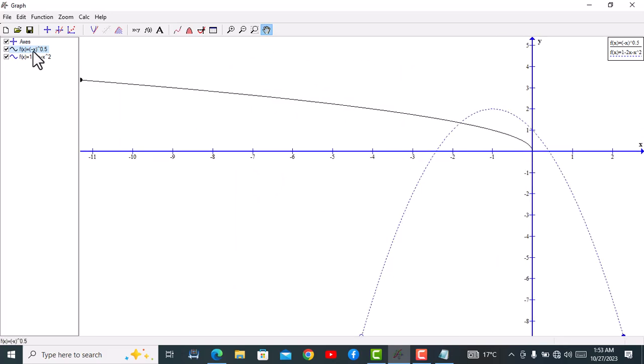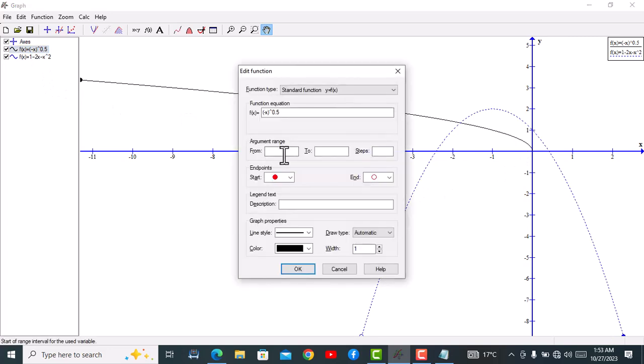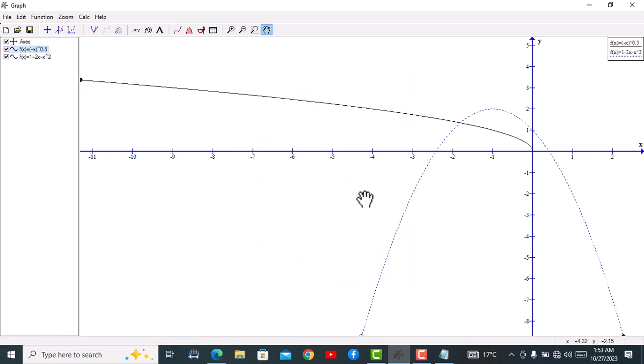And remember that I've drawn this from negative infinity to positive infinity. So you can see that the function is defined at x equals 0. So 0 inclusive is to, can we say negative infinity? No, remember we are looking at natural domains.